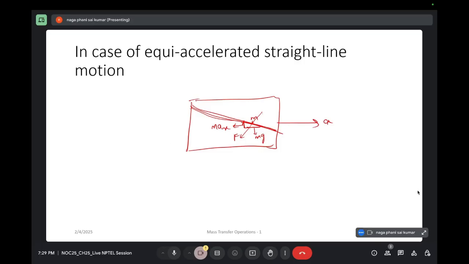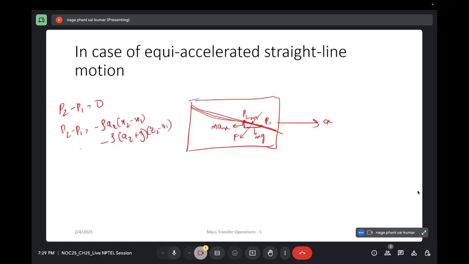So these two points are P2 and P1. These are two different points in the same liquid, right? So again, P2 minus P1 should be equal to 0. But at the same time, there are also two different forces acting here, so we need to consider them as well. P2 minus P1 is also equal to minus rho into Ax into (x2 minus x1) minus rho into (Az plus g) into (Z2 minus Z1).